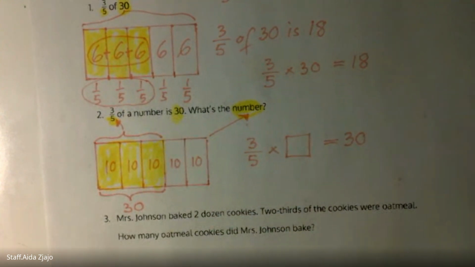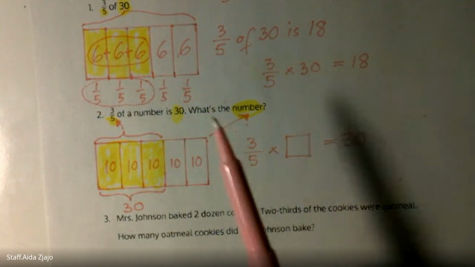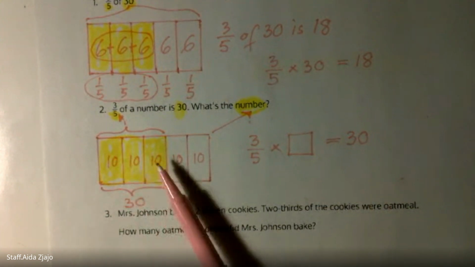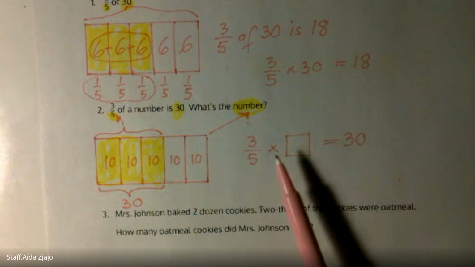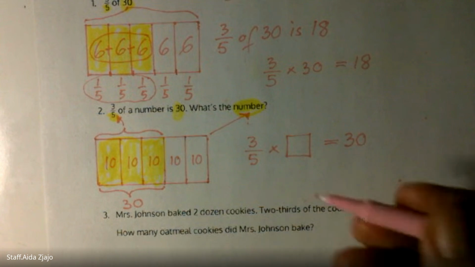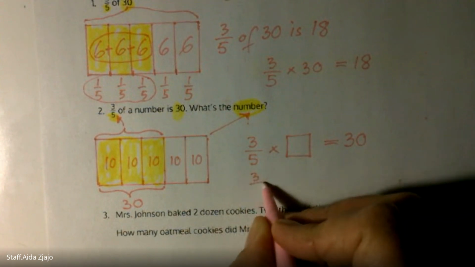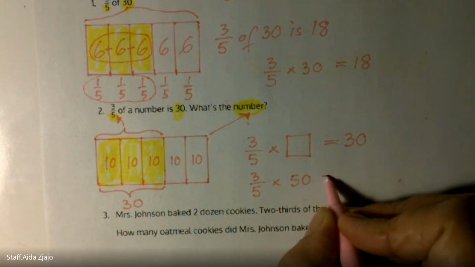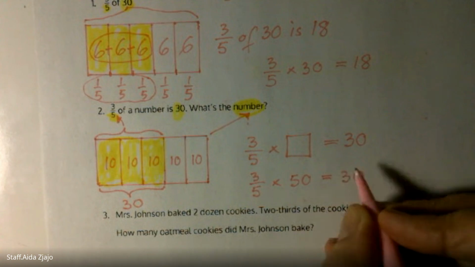And now we can see the missing number. The missing number is 10, 20, 30, 40, 50. So 3/5 of 50 is 30, because 3/5 of 50 equals 30.